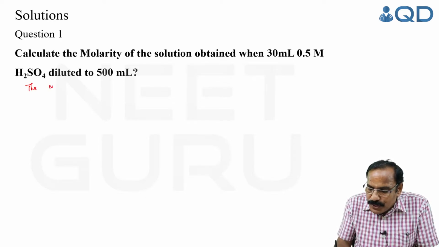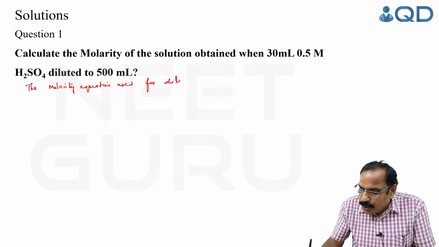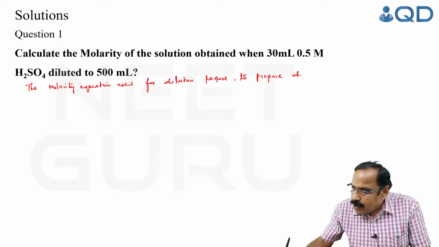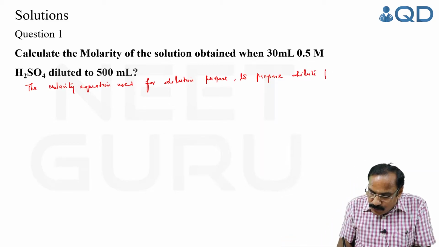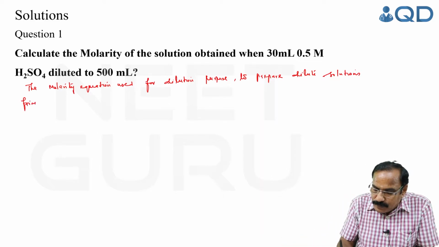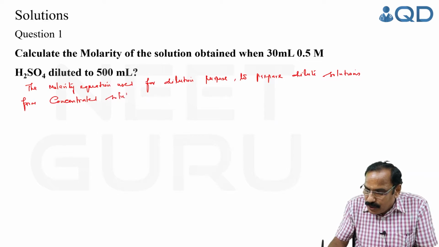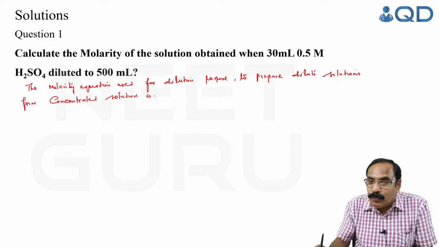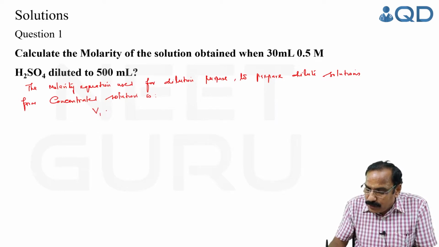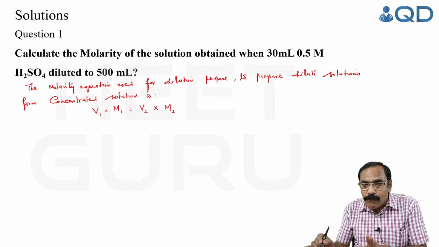The molarity equation used for dilution to prepare dilute solutions from concentrated solution is this one: volume of initial solution times molarity of initial solution equals volume of final solution times molarity of final solution. This is only for dilution purpose.